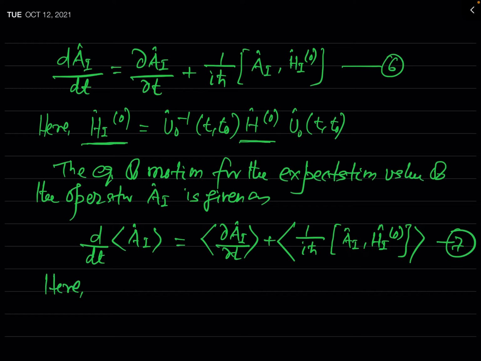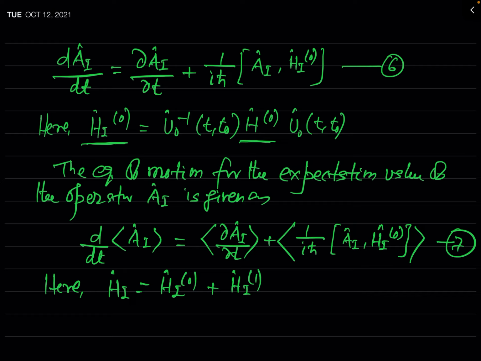And here this Hamiltonian H_I hat is equal to H_I hat 0 plus H_I hat 1. So these are the equations of motion in the case of the interaction picture.